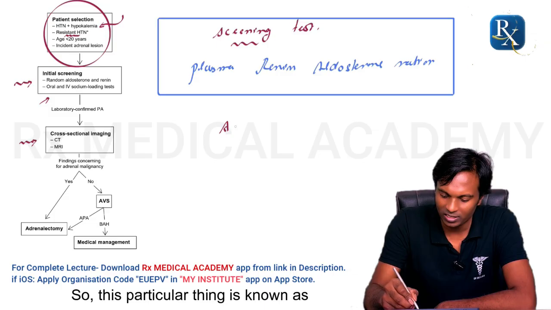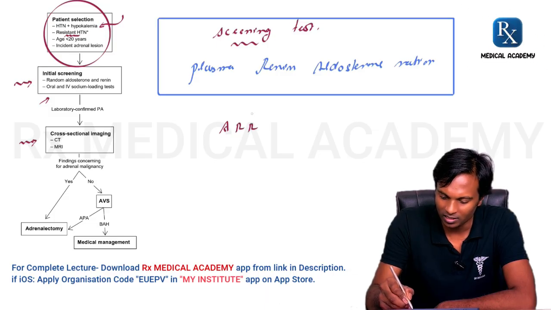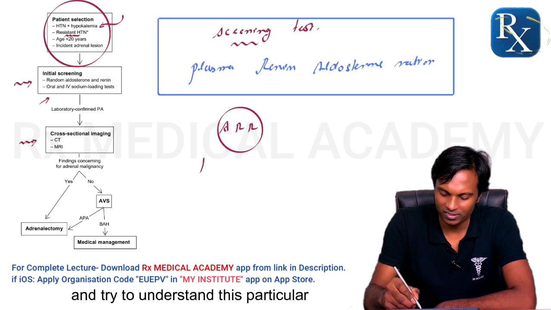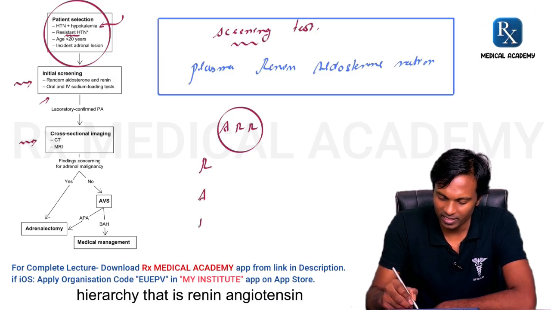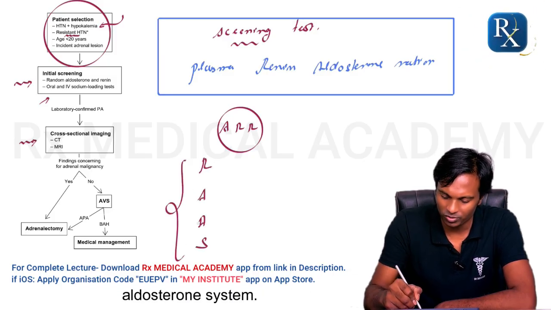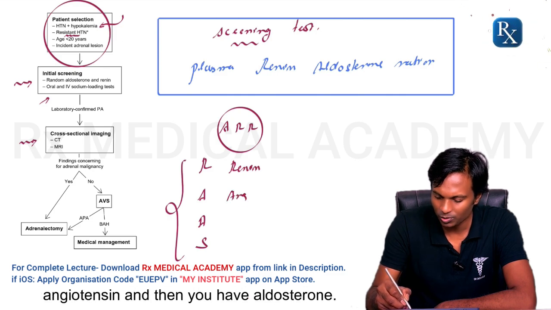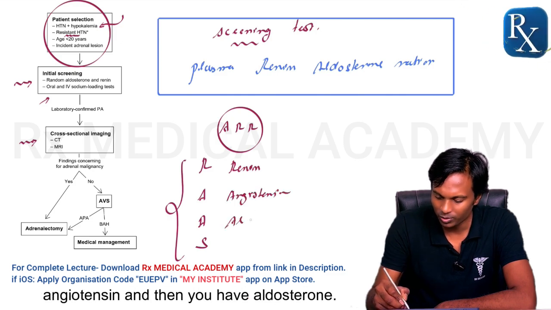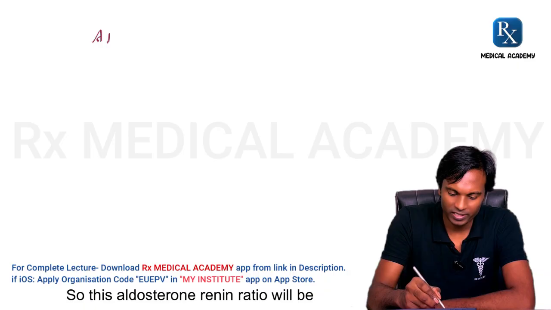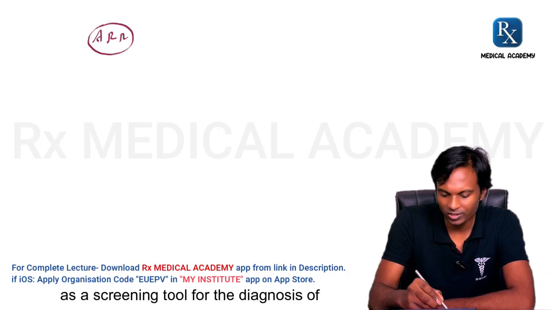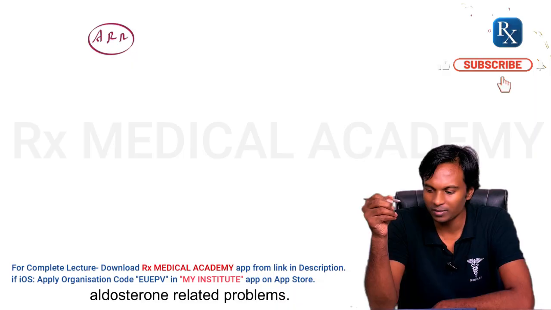So this particular thing is known as ARR, that is aldosterone-renin ratio, and try to understand this particular hierarchy, that is renin angiotensin aldosterone system. You have renin at the top, and then you have angiotensin, and then you have aldosterone. So this aldosterone renin ratio will be very helpful as a screening tool for the diagnosis of aldosterone related problems.